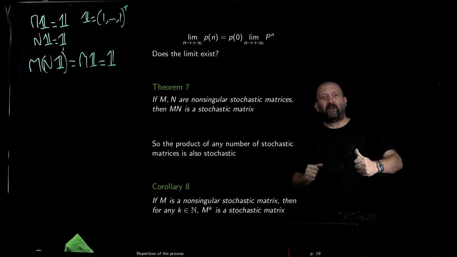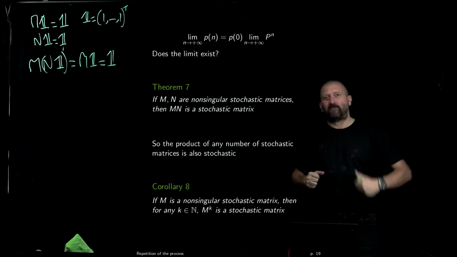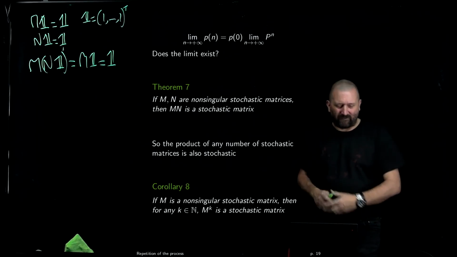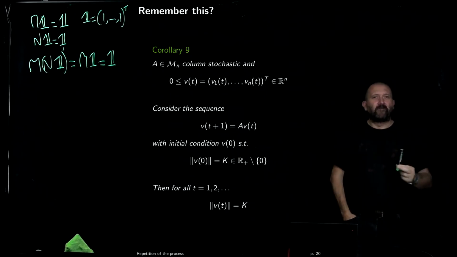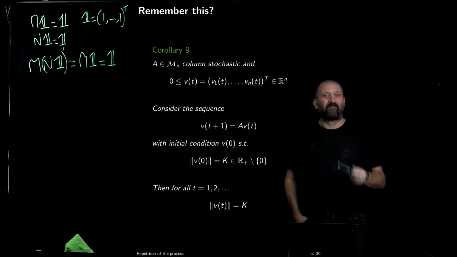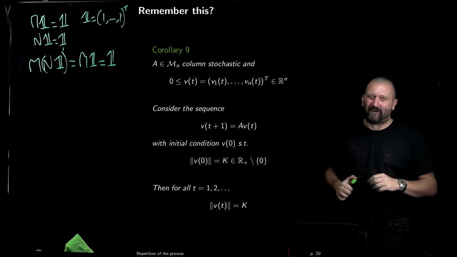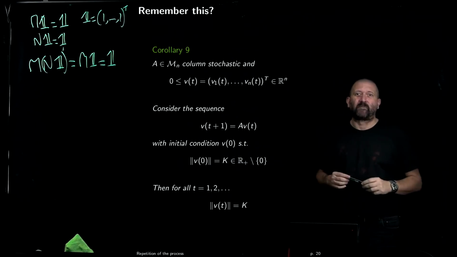So that already tells us that it has nice properties. It's got 1 as an eigenvalue, and everything that we've seen so far is true about it. And even further, remember this, this was another part of the worksheet that came up recently.